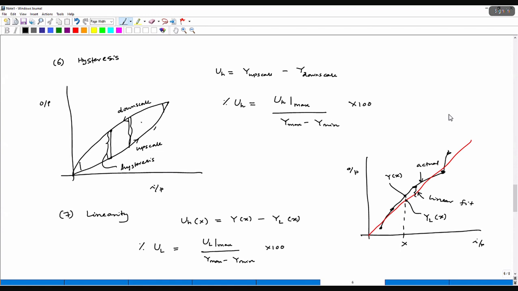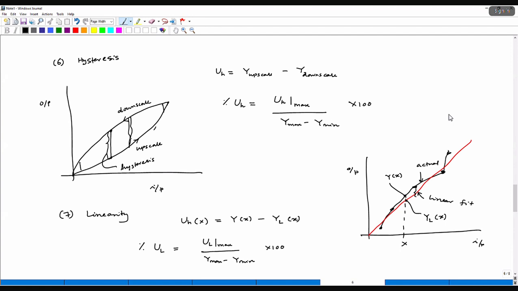Once you have these curves, your upscale is when you increased the input from 0 to some maximum, and the downscale is when you came from the maximum to 0. For a given input, you basically have two outputs. You know the point on upscale and you know the point on downscale.